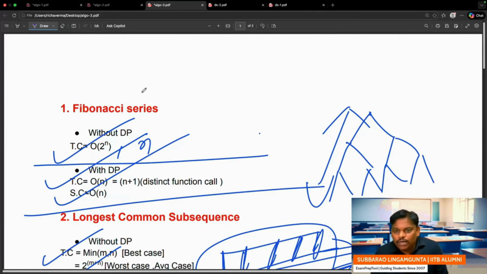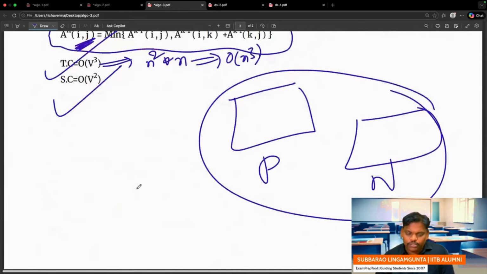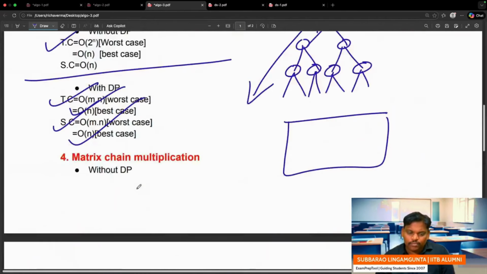Matrix multiplication: they don't give elements, they simply give how many rows and how many columns. We are talking about matrix chain multiplication, MCM.